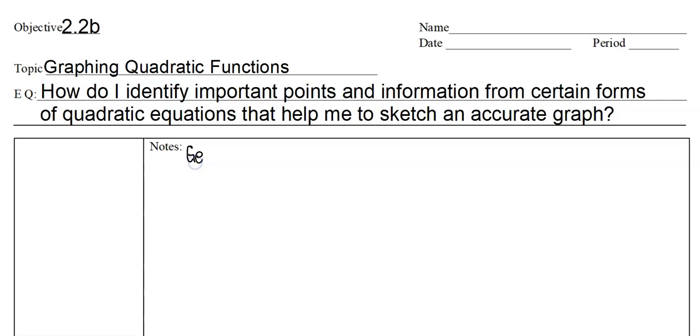We talked yesterday about general form of the quadratic being f of x equals ax squared plus bx plus c.